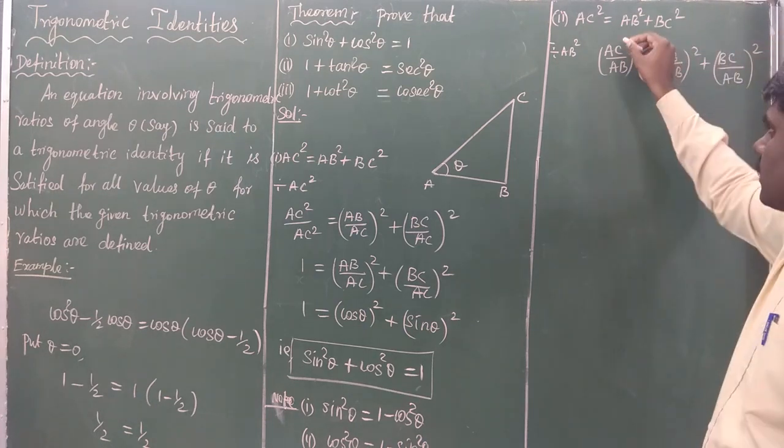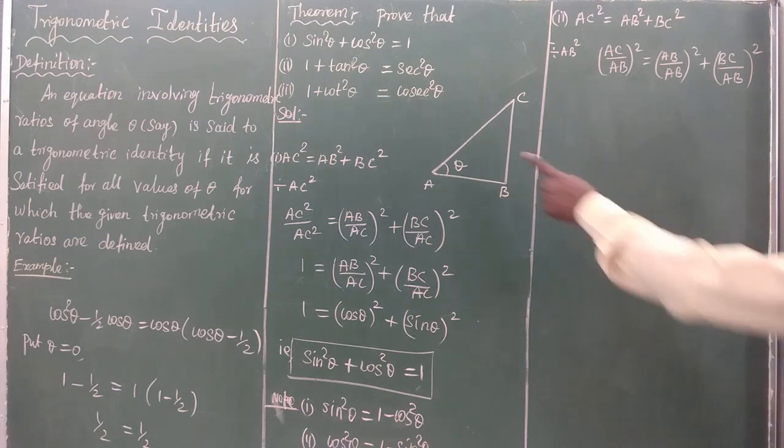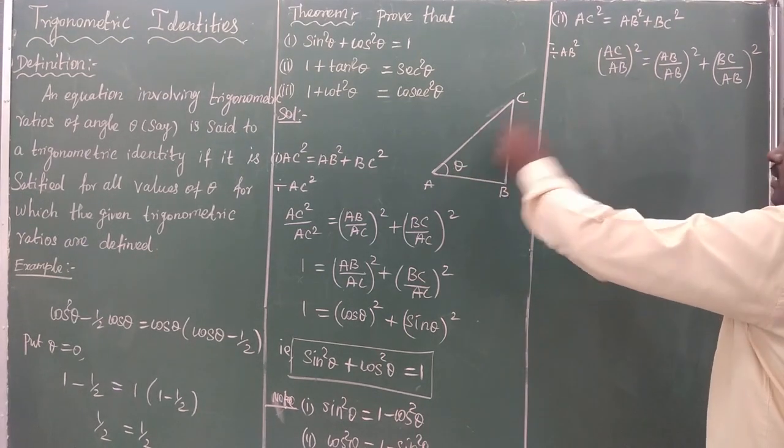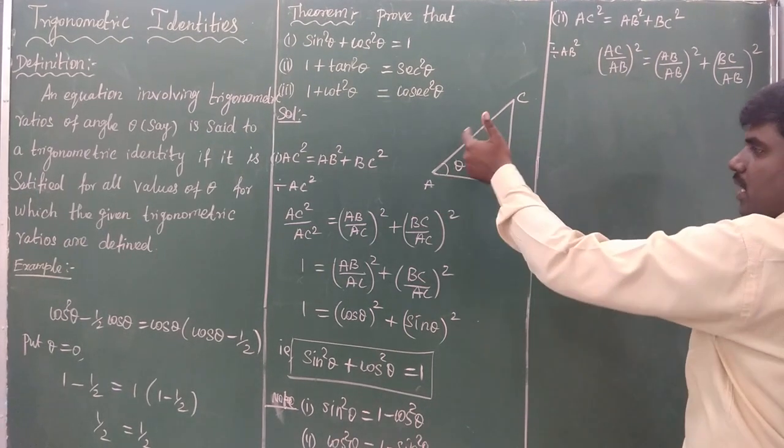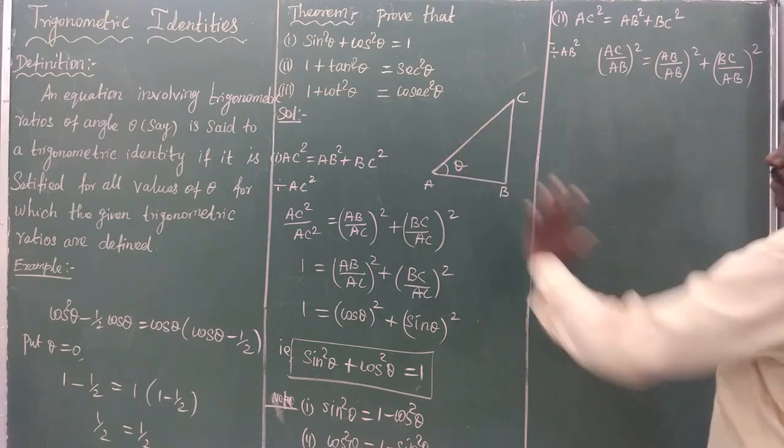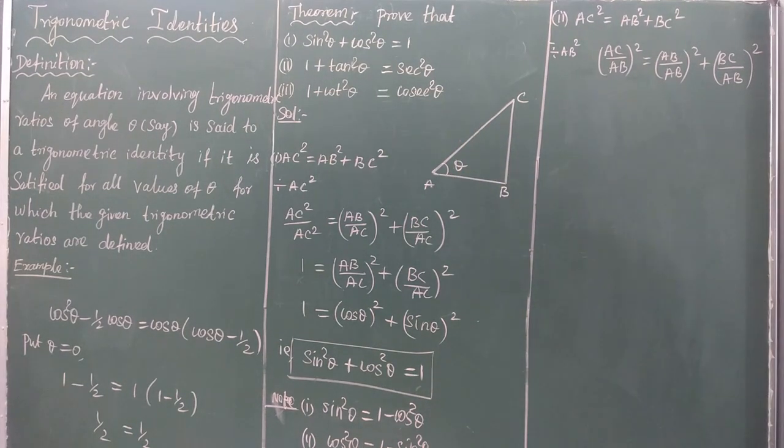AC is the hypotenuse, AB is the adjacent side, so AC by AB is hypotenuse by adjacent side, which is secant theta.